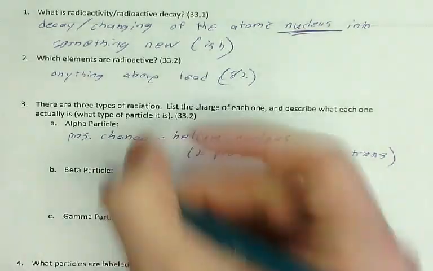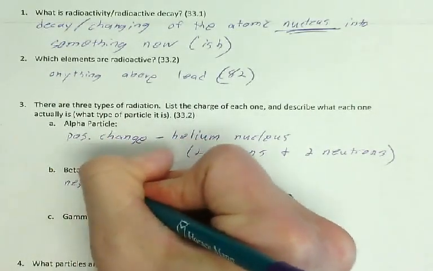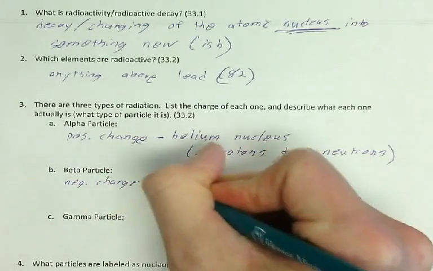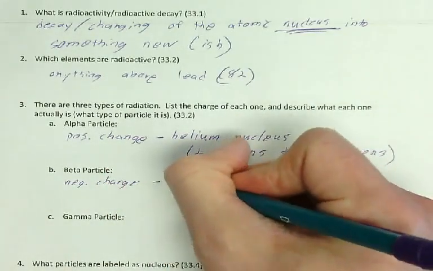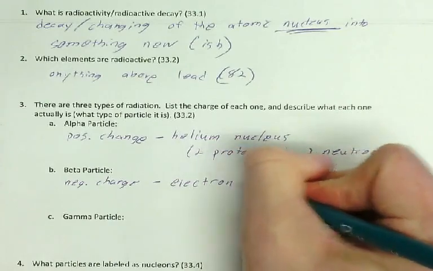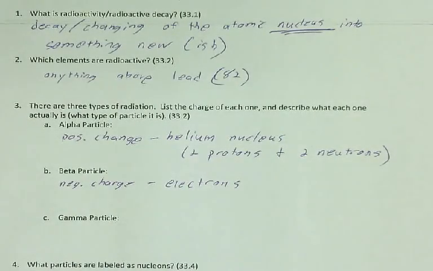Beta particles are negatively charged, and these are electrons. Lots of different things will do beta decay.